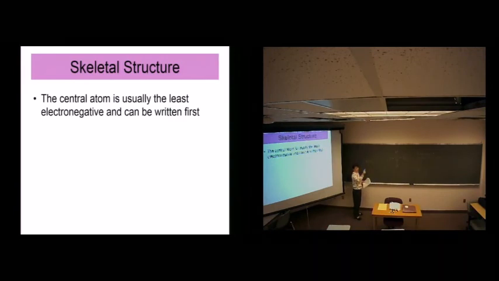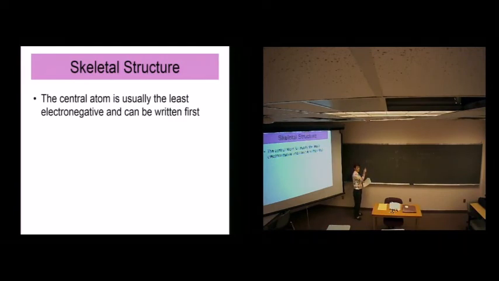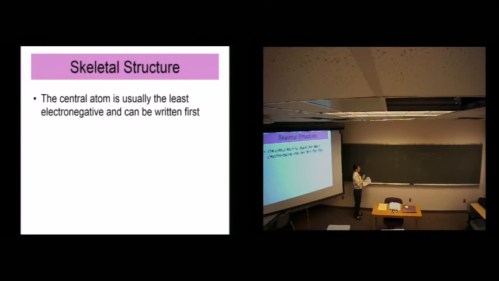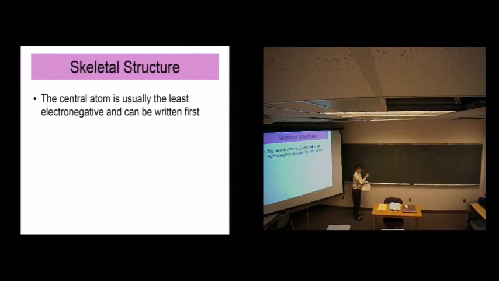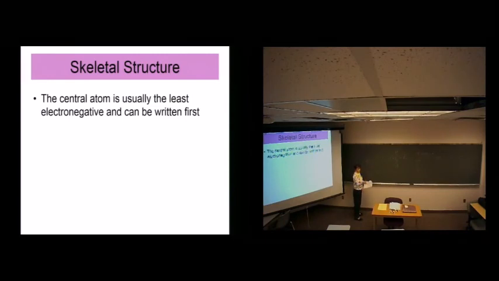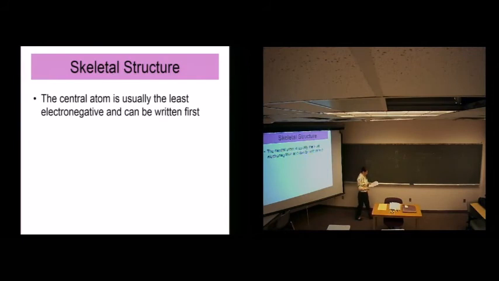Phosphorus is more on the diagonal there, and oxygen, and it can be written first. So this is phosphorus, and then we would put the 3 chlorines around it and an oxygen, and it doesn't matter how we arrange the 4 peripheral atoms around it. Okay, that's one hint. It's usually least electronegative, can be written first.